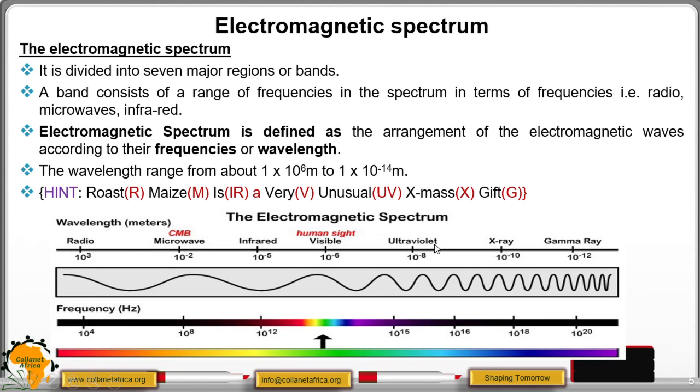The way they are arranged, R has the longest wavelength, while G, the gamma, has the shortest wavelength. But when it comes to frequency, gamma has the highest frequency, and R has the lowest frequency. So you can remember all these using this hint.